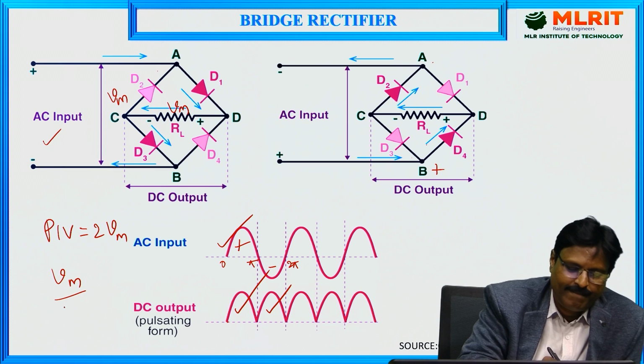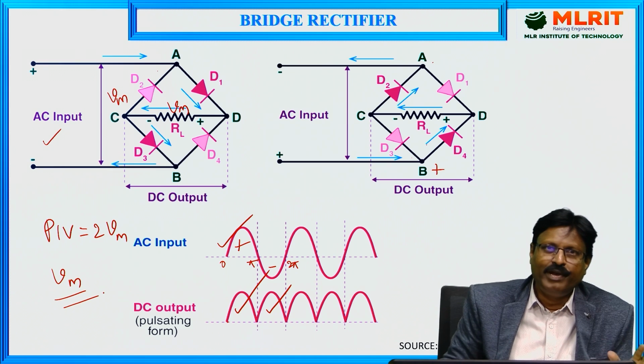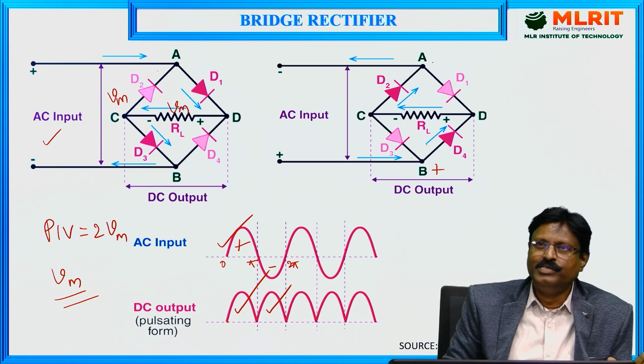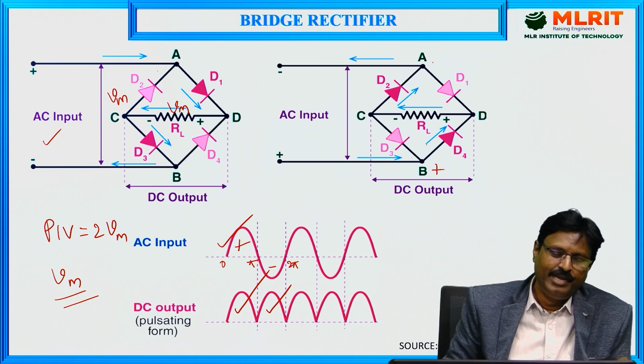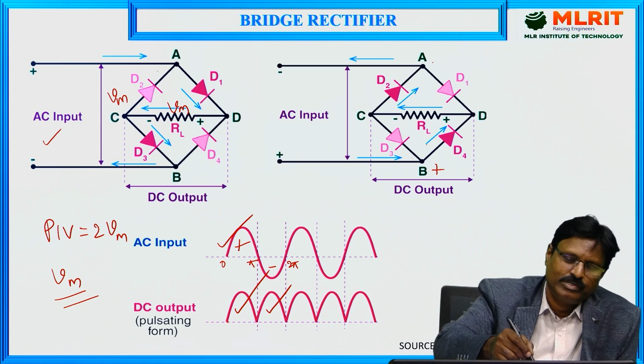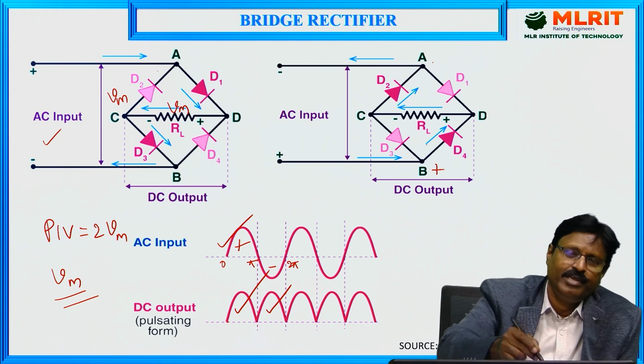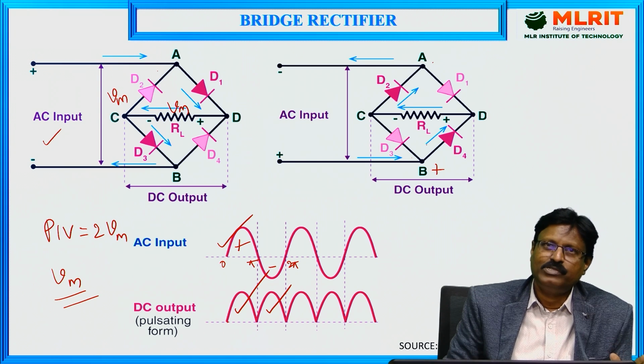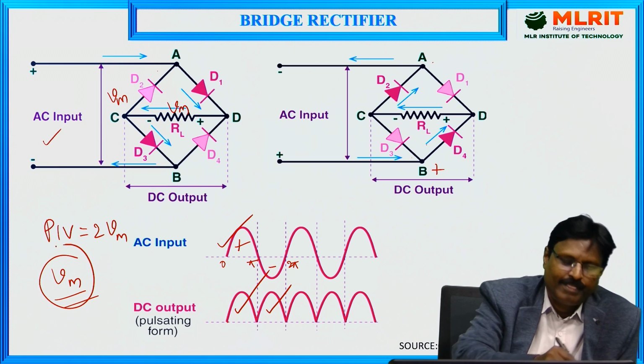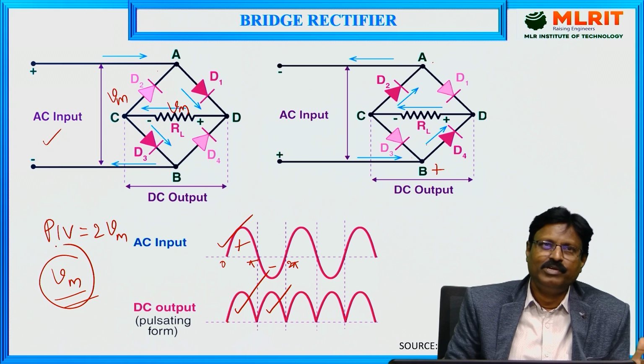In a full wave rectifier, the peak inverse voltage is 2 Vm, which has to be withstood by the diode in the reverse bias mode. But here this total 2 Vm is shared by the two reverse bias diodes D2 and D4, so the peak inverse voltage per diode is Vm. That is why the peak inverse voltage is reduced in the bridge rectifier when compared with the full wave rectifier.